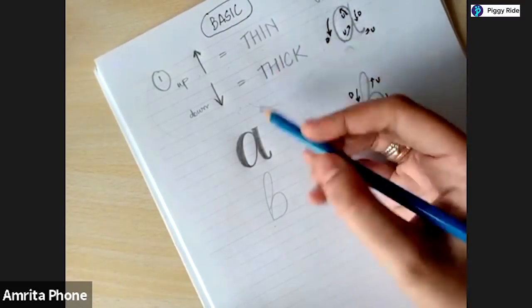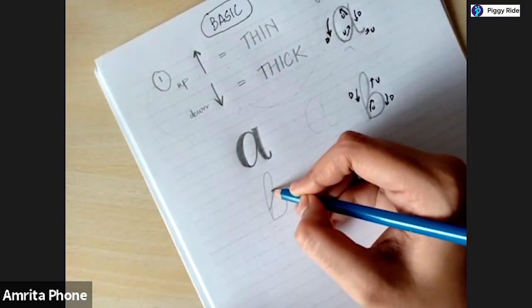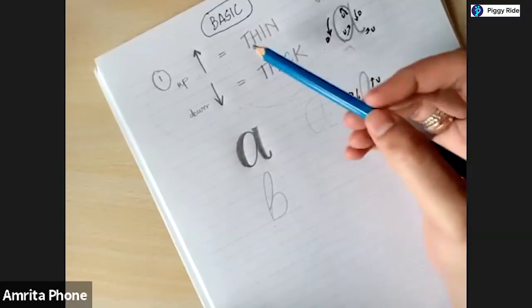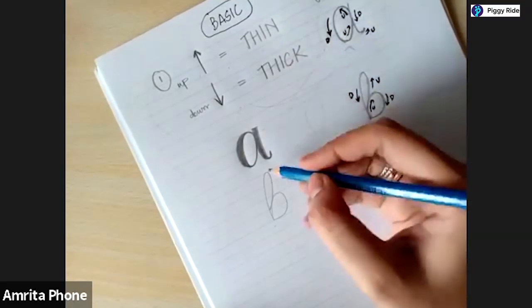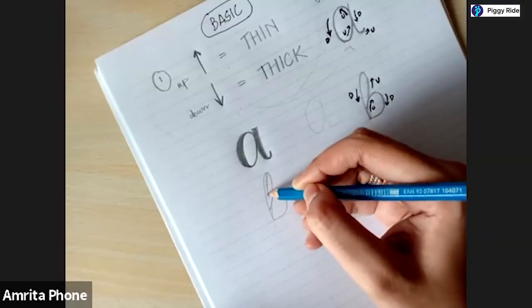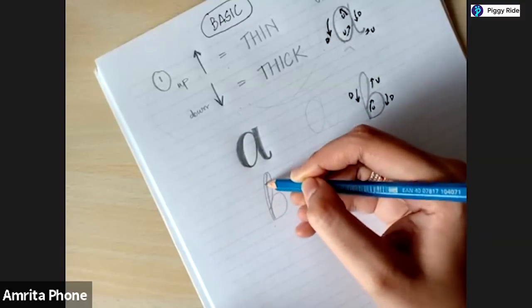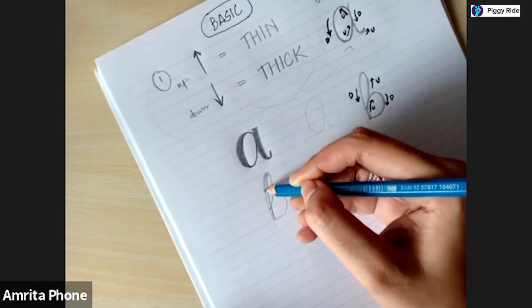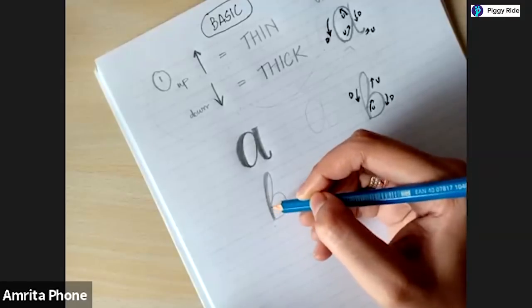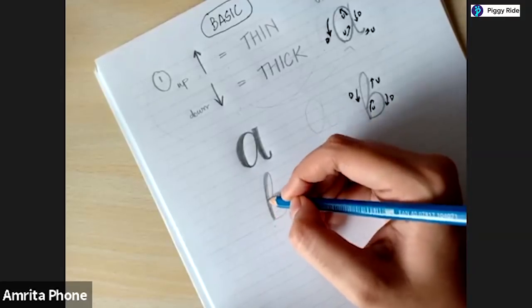Upstroke remains thin, so we don't do anything to it. Number 2 was downstroke. Downstroke becomes thick, so I am going to double this stroke up and color it in. You are doing this with me, right? I want you to do it with me.